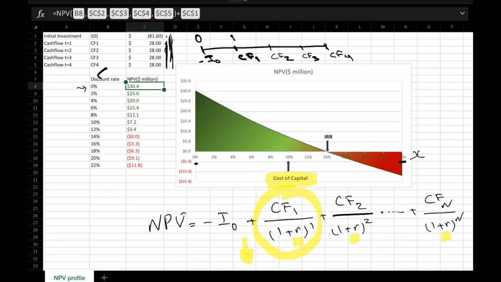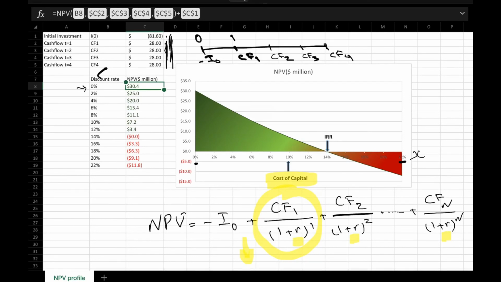I have put these four cash flows, and then at the end, I'm going to add our initial investment, because since the initial investment is already a negative number, you just add it, or you can put a positive number in a cell and subtract that after you have written the NPV formula and closed the parentheses.